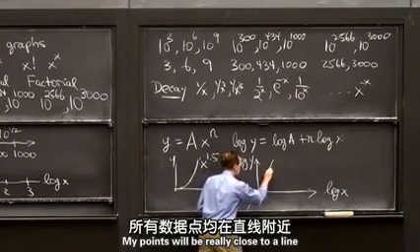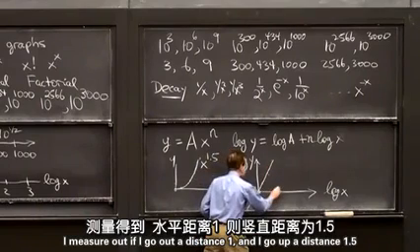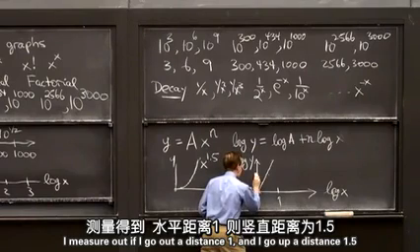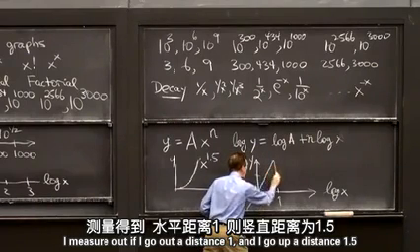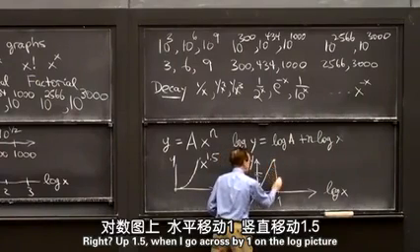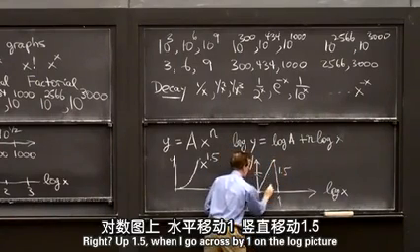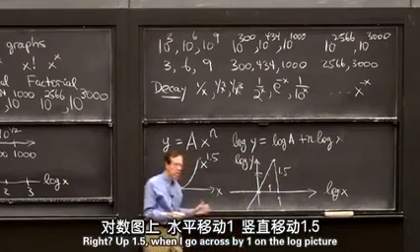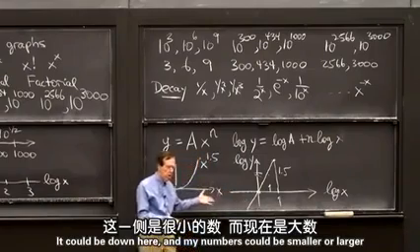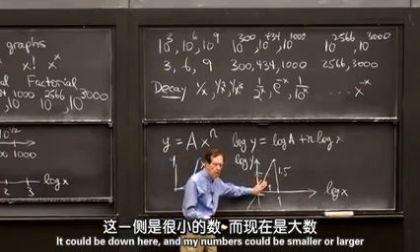My points will be really close to a line. If I go out a distance 1, then I go up a distance 1.5. Up 1.5 when I go across by 1 on the log picture. It could be down here. My numbers could be smaller or larger.